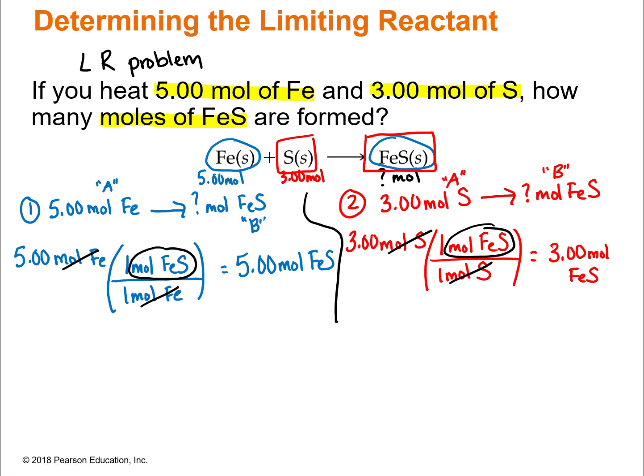So we figured out how much we would make with the 5 moles of iron, how much we would make with 3 moles of sulfur. Next, we asked the question, which reactant forms the least product?